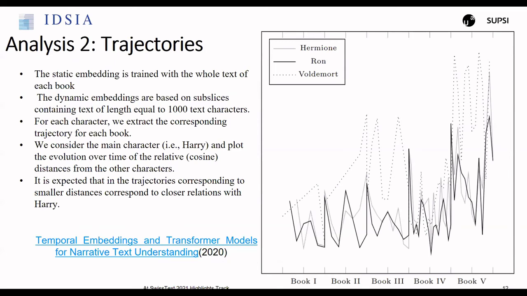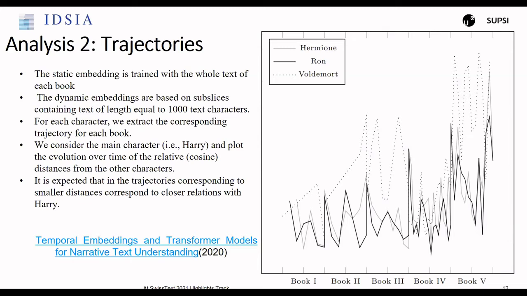Okay, so next, going to analysis 2, we plotted the trajectories to see the relationships between the characters. In this figure, you see the trajectories which are based on sub-slices, where the time slice is text of length equal to 1,000 text characters. You can decide the time slice, and training the model is quite simple.